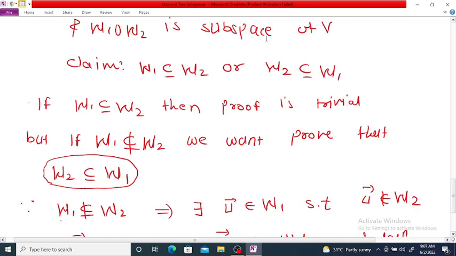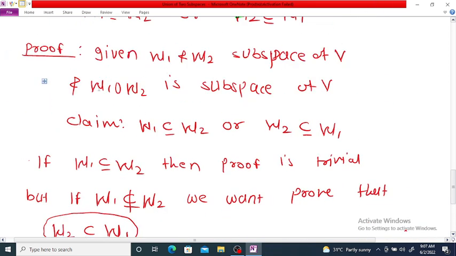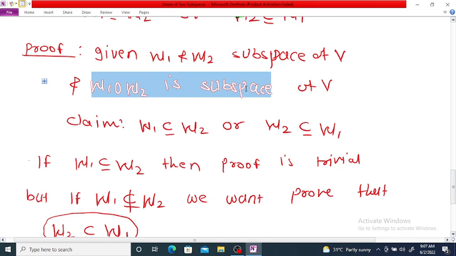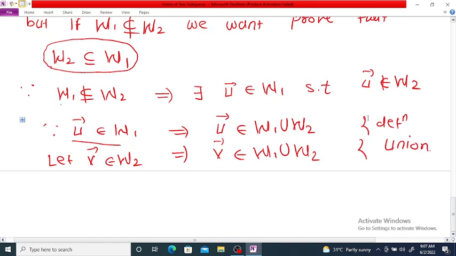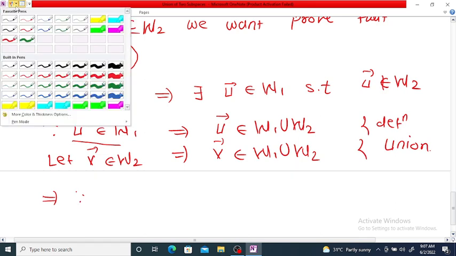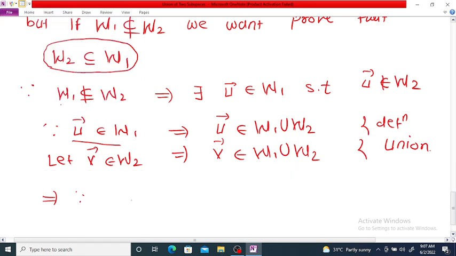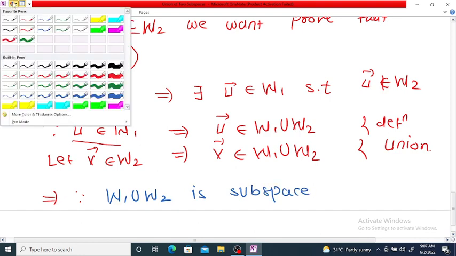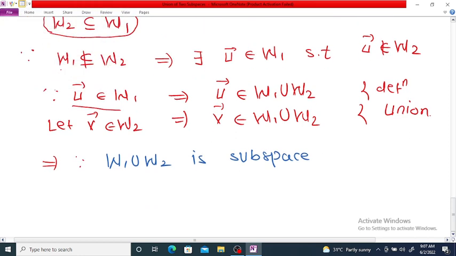Now what is given? W1 union W2 is a subspace of V, so it is closed under vector addition. Since W1 union W2 is a subspace, u bar plus v bar belongs to W1 union W2.